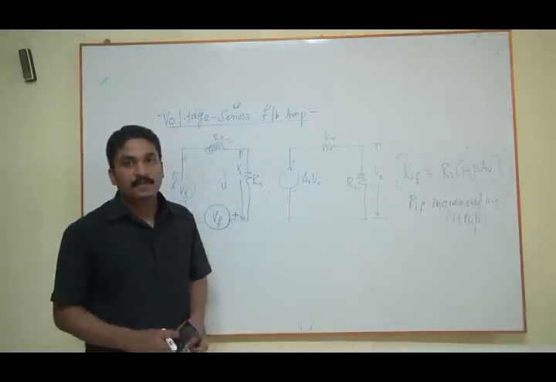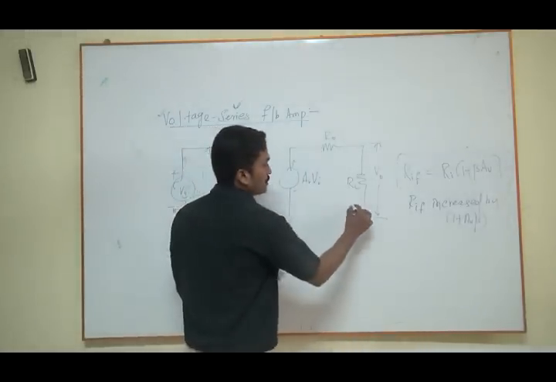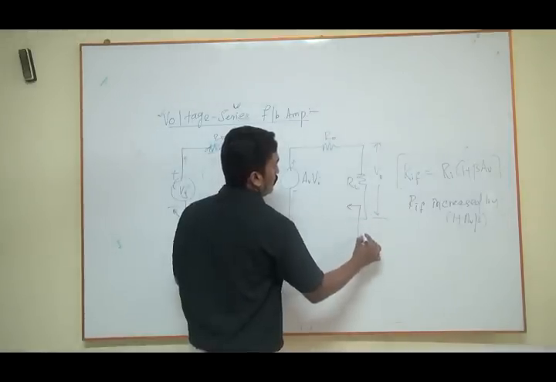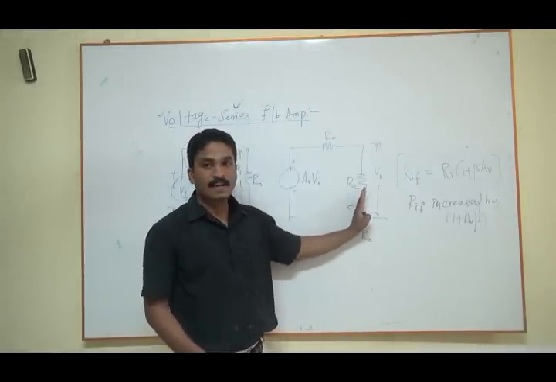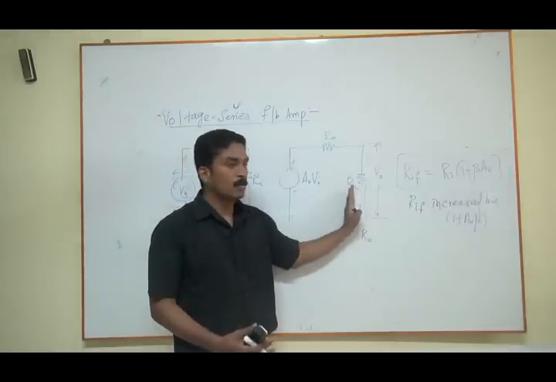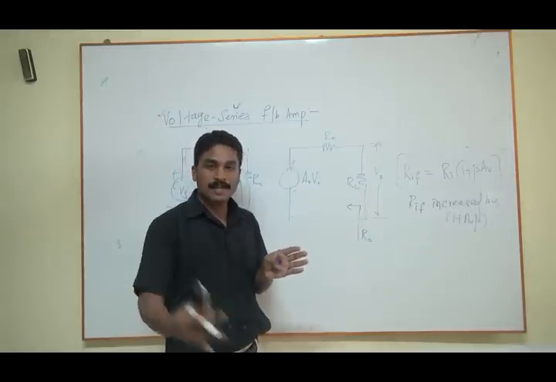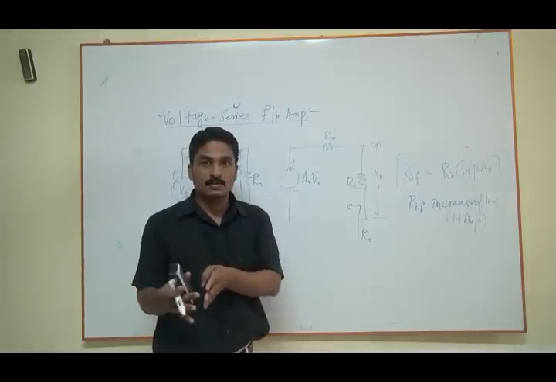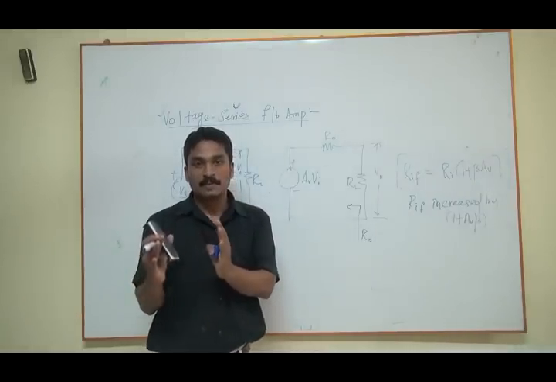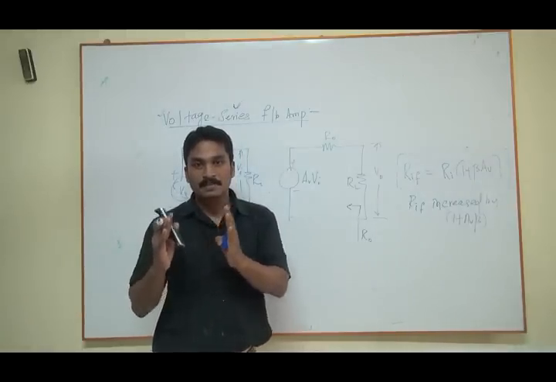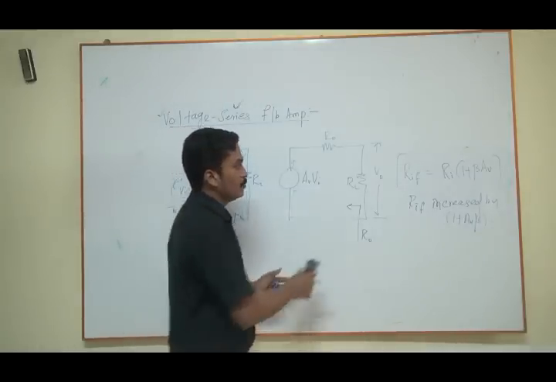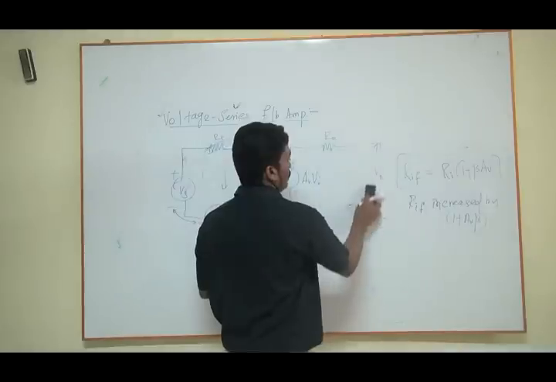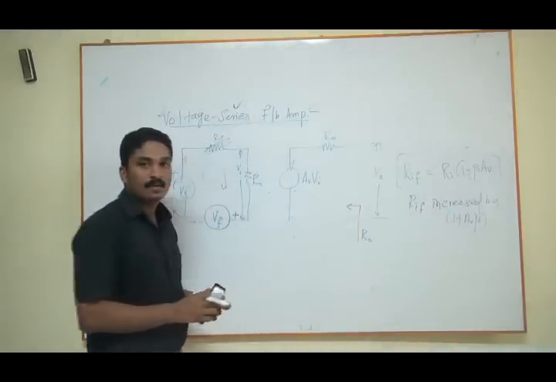Usually we calculate the output side resistance before the load resistance, right? Before this load we only have the circuit impedance. If I include the load, then it takes the load resistance also. But usually we calculate output impedance for the circuit, not for the load. So we have to remove this RL, right?